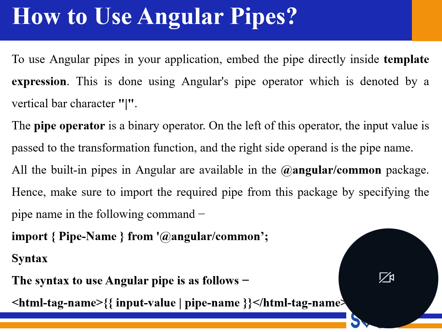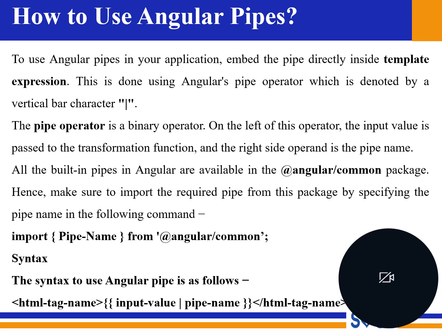This is how to use the Angular pipe. To use the Angular pipe in your application, embed the pipe directly inside the template expressions. This is done using the Angular pipe operator, which is denoted by a vertical bar character. The pipe operator is a binary operator.